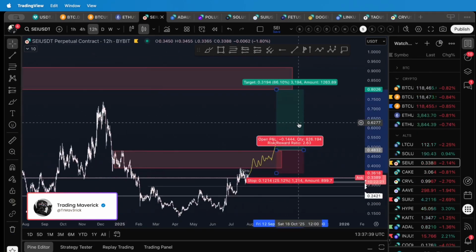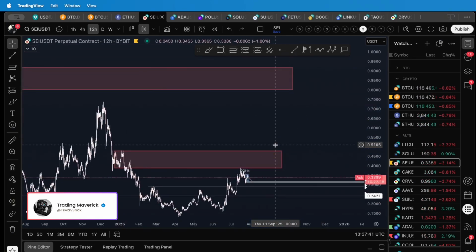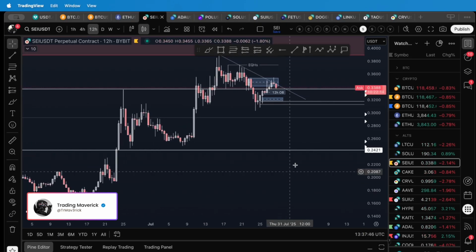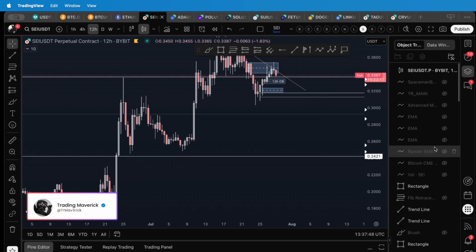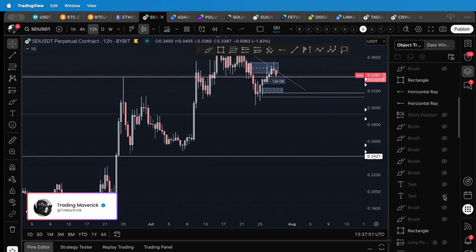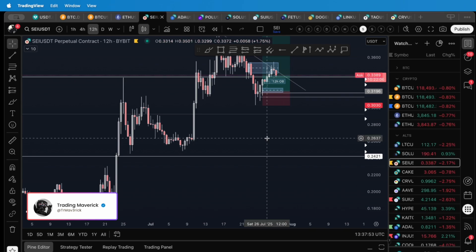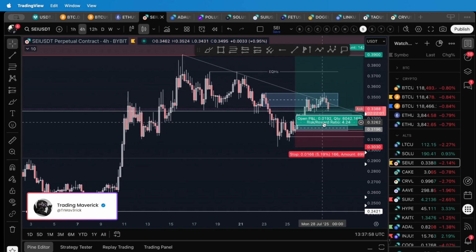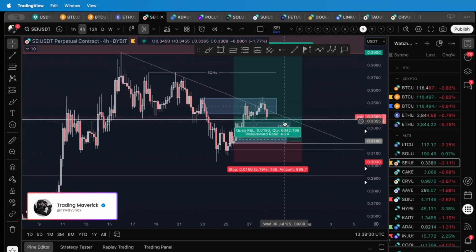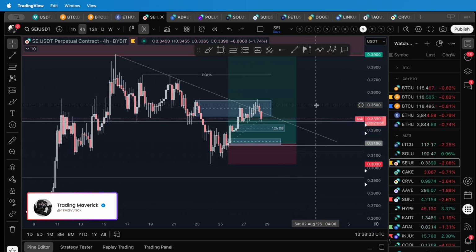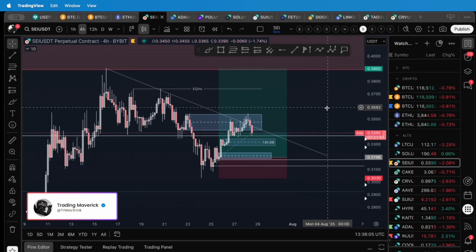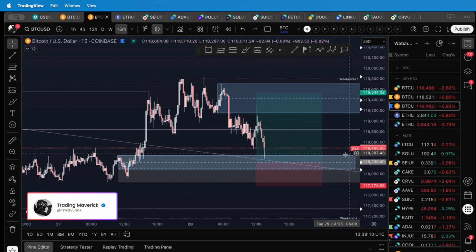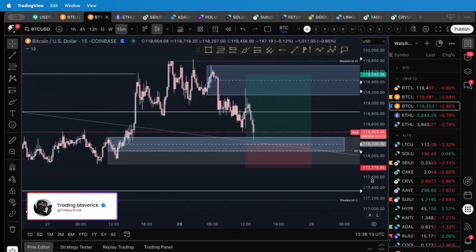But yeah. Right now just waiting where the Monday low will be, because after the Monday low we can use that framework and find new longs. Bitcoin, maybe we'll get front run on this one.